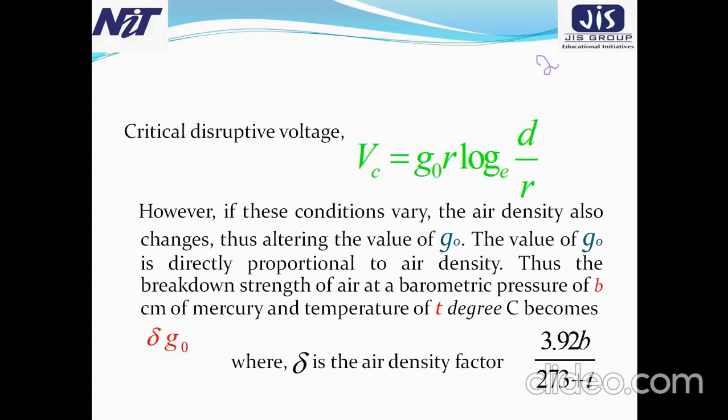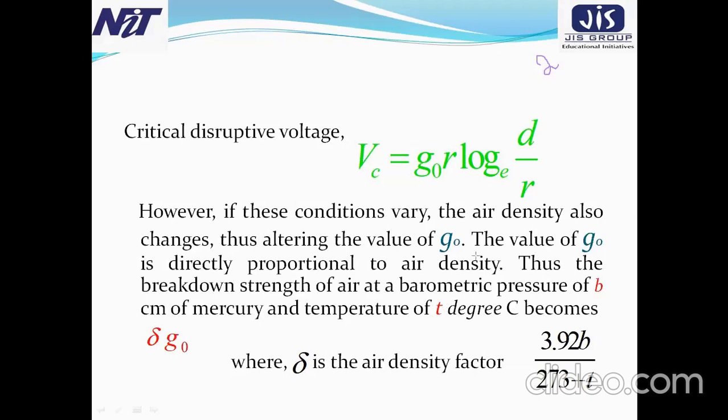The value of G0, the potential gradient, is directly proportional to air density. Thus, the breakdown strength of air at a barometric pressure of b centimeter of mercury and temperature of t degree centigrade becomes delta G0.